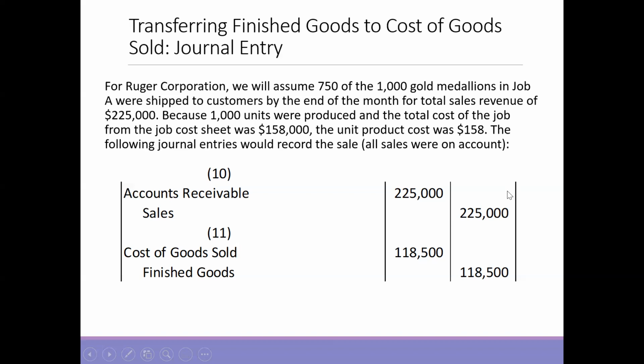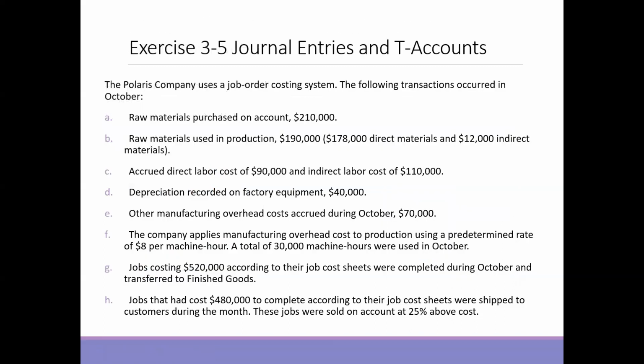We have to remove the inventory, our cost of the inventory, from the asset account, and we also have to report the sales at what we're selling the products for. Okay?